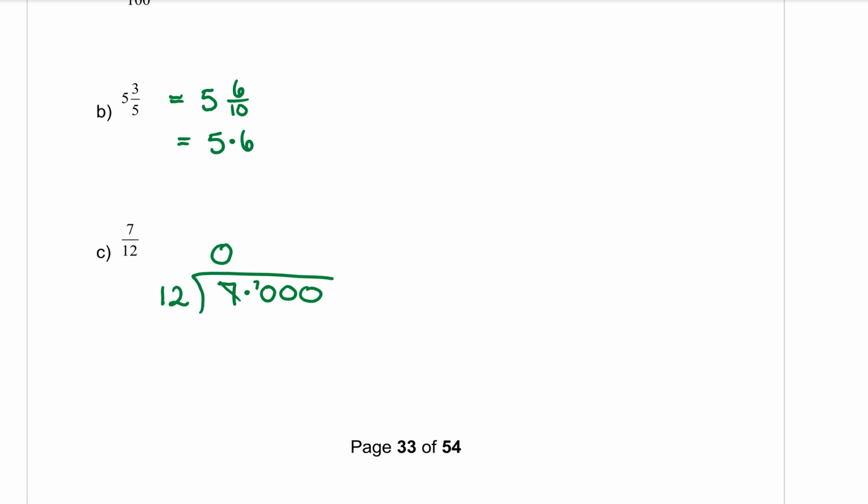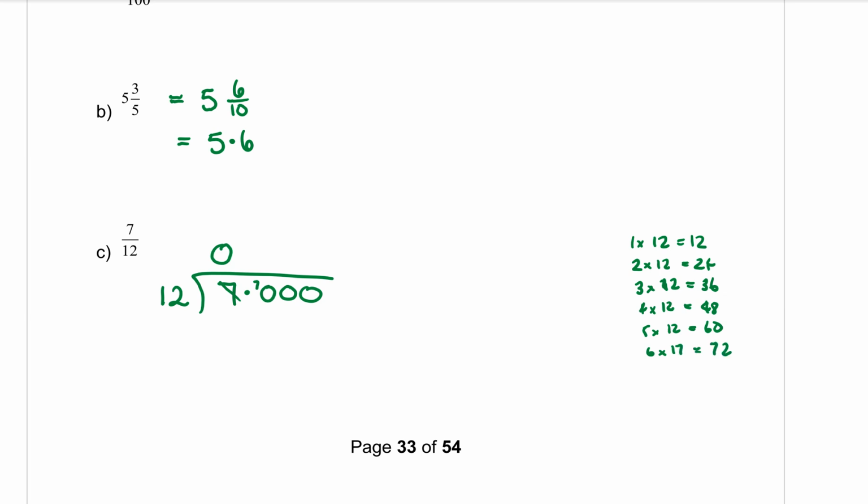Just to help out over here with times tables, let's write a few of them down. 1 times 12 is 12. 2 times 12 is 24. 3 times 12 is 36. 4 times 12 is 48. 5 times 12 is 60. 6 times 12 is 72.